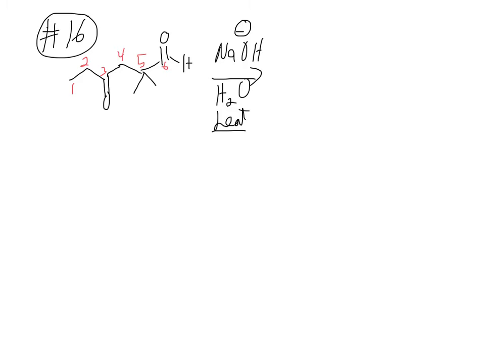Which size rings are good for organic chemistry? 6 or 5? Is 3? Well, let's take a look. So from carbon 4, if I put a negative charge on carbon 4, that's 1, 2, 3. That'd make a 3-membered ring. Is that okay? No. What about from carbon 2? It would be 1, 2, 3, 4, 5.